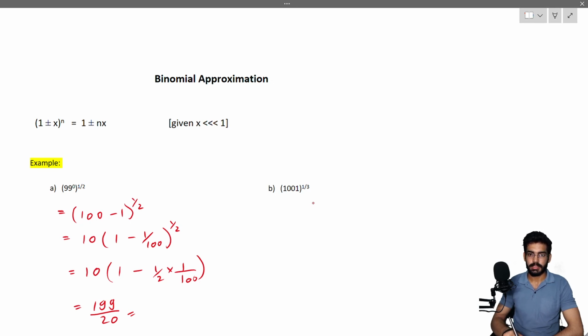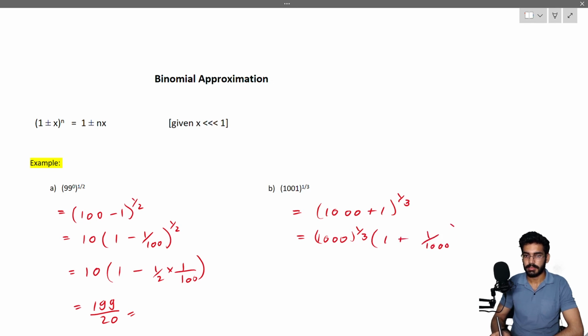Next question, one more example. What we see here is 1001. I hope you will be able to write it as (1000 + 1) to the power 1/3. Now if you take 1000 common, it's going to be 1000 to the power 1/3, times (1 + 1/1000) to the power 1/3.